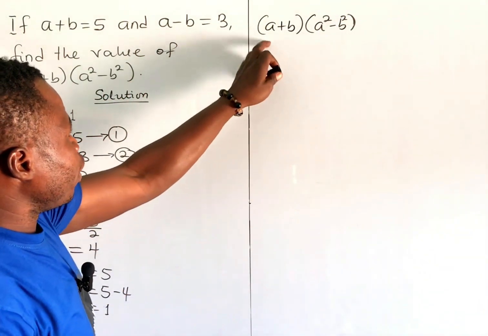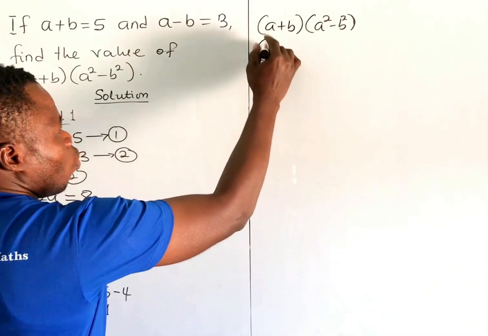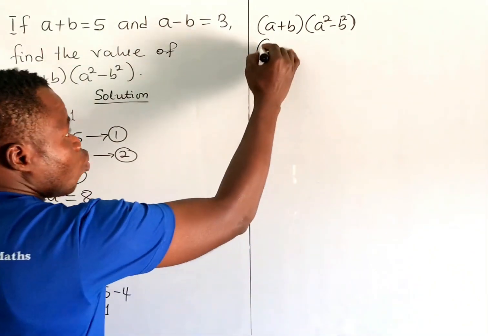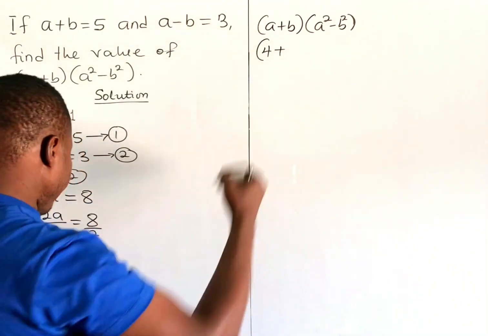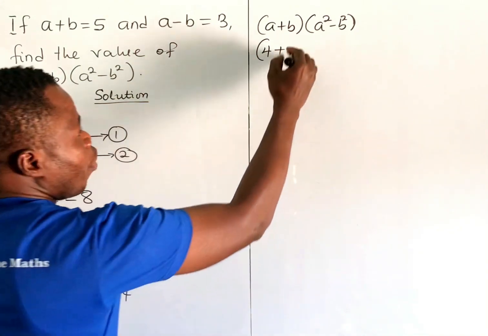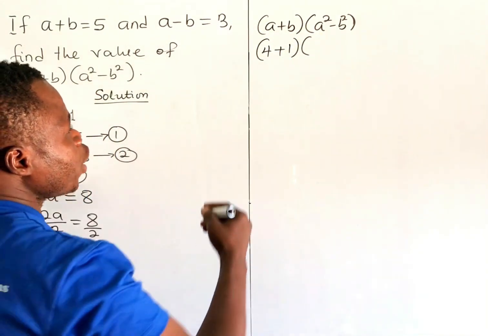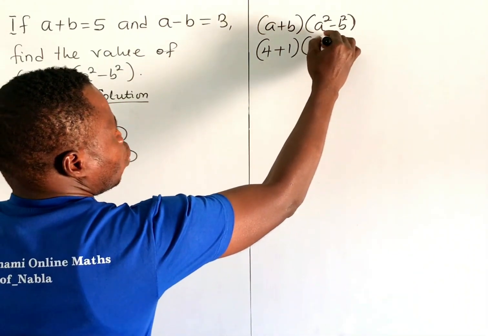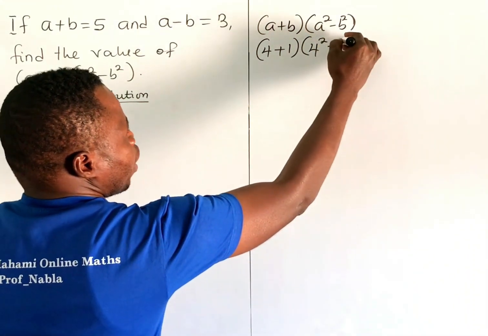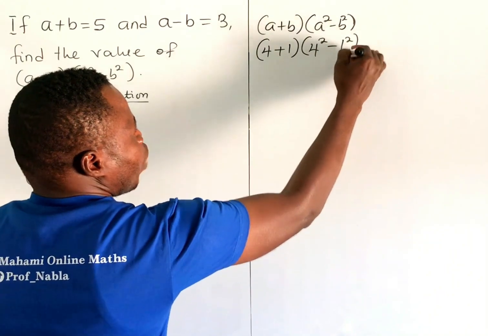So I'll write 4 plus B, and B is 1, multiplying A squared, which will be 4 squared, minus B squared, which will be 1 squared.